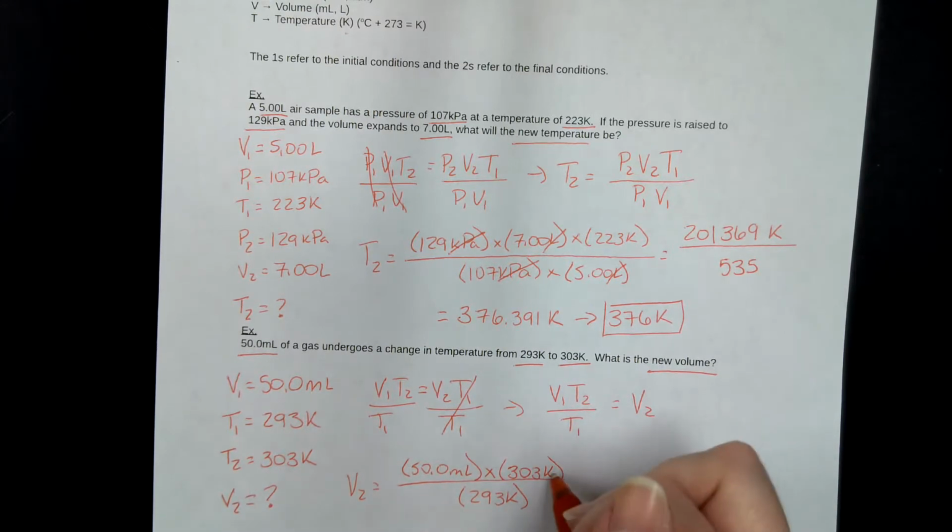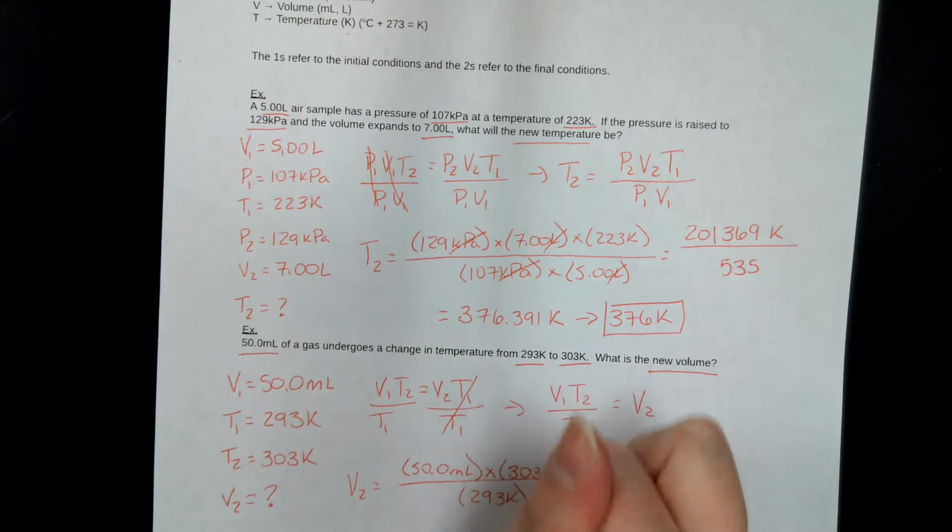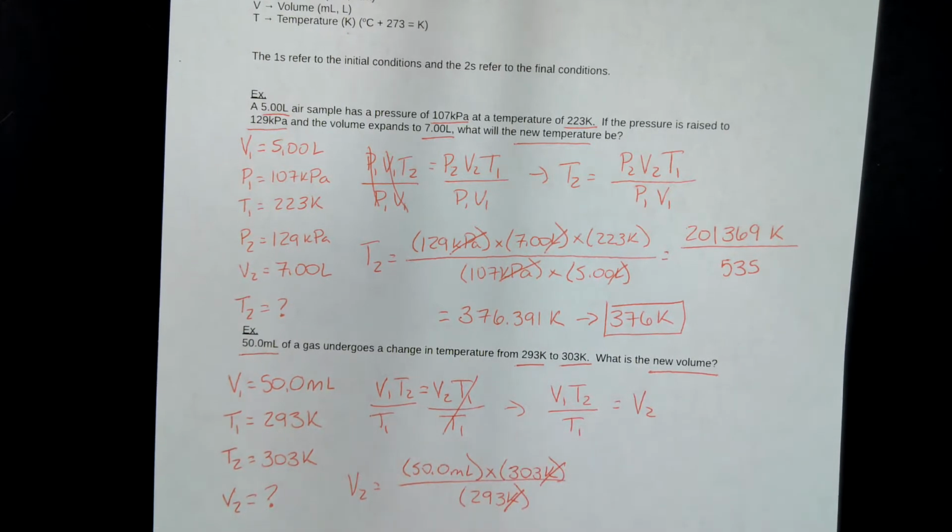Now similarly, we can look at our units. Kelvin on the top, Kelvin on the bottom. They will cancel out. We'll be left with milliliters, which, since we are solving for a volume, is perfectly fine. That makes sense. Milliliters is a unit of volume. So let's calculate.